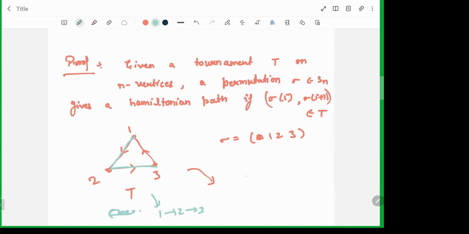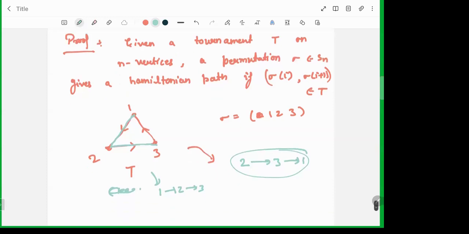Then this Hamiltonian path is translated: 1 goes to 2, 2 goes to 3, and 3 goes to 1. This is again Hamiltonian.